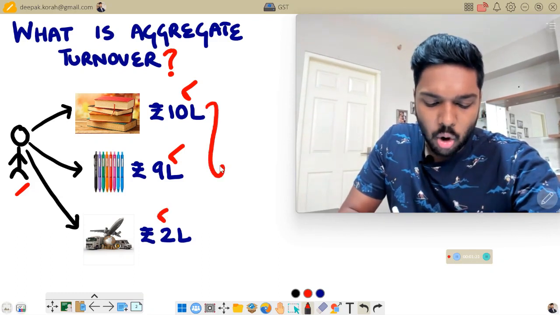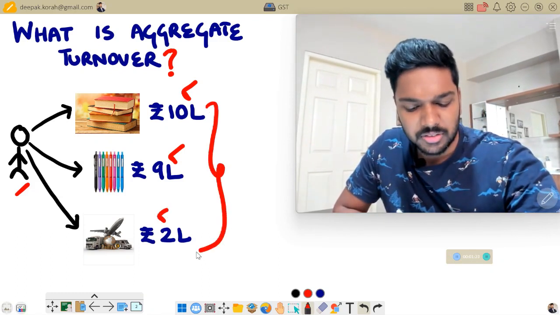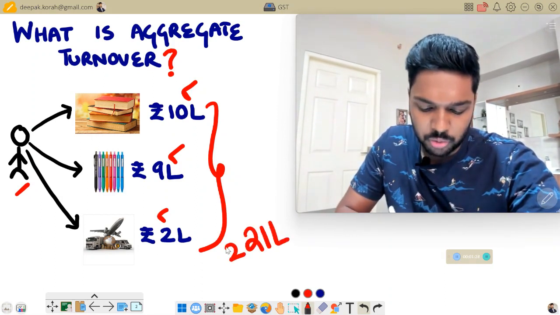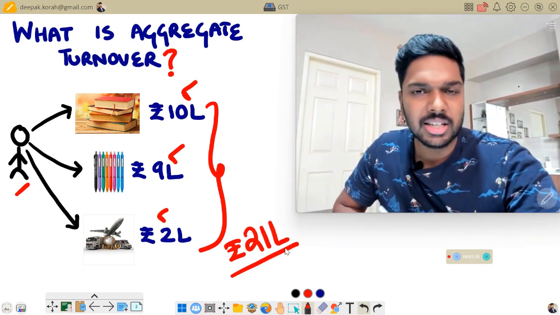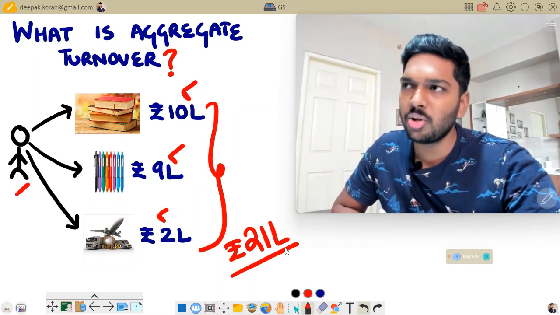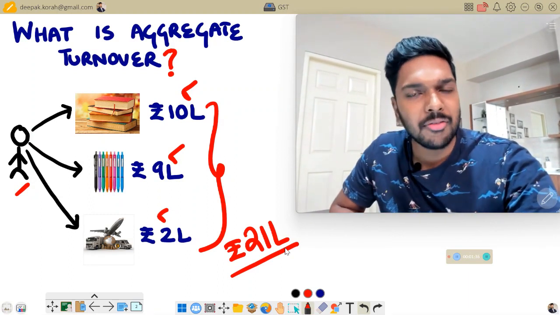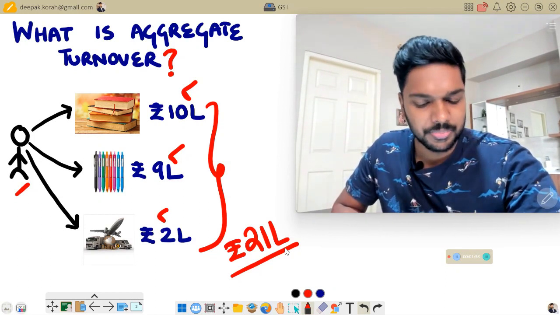Now you add all this and you will observe that you will get a total turnover of 21 lakhs of rupees, which is obviously crossing the 20 lakh limit because you're involved in both the supply of goods and supply of services, and therefore you need to obtain a GST registration.